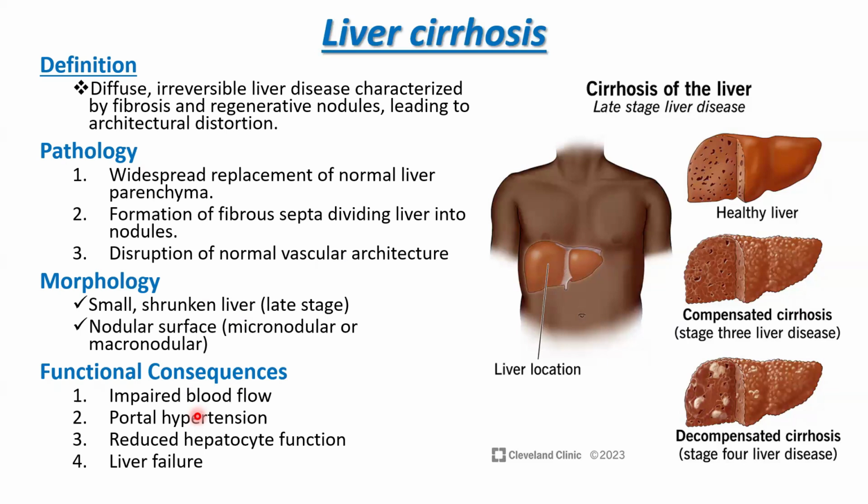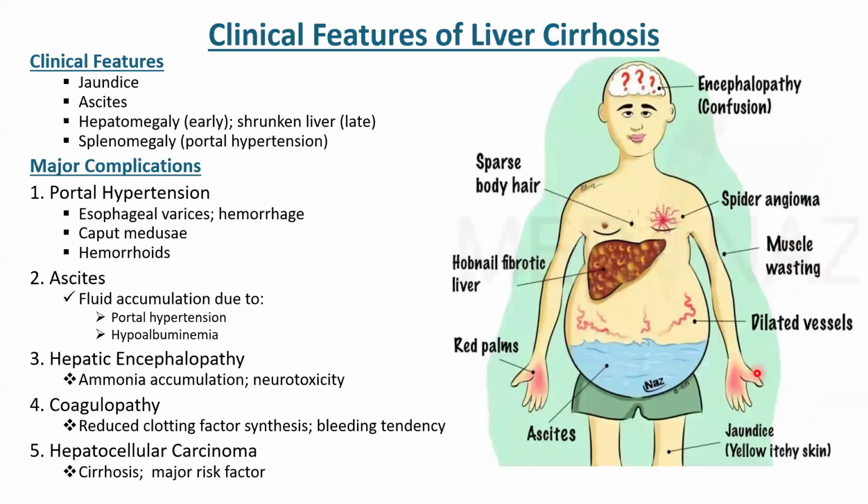So there is occlusion of blood flow into the liver. What happens? Blood that is coming from the small intestine and other structures accumulates, leading to portal hypertension. And then there is reduced hepatocyte function, and that can lead to liver failure, or sometimes can lead to liver carcinomas.